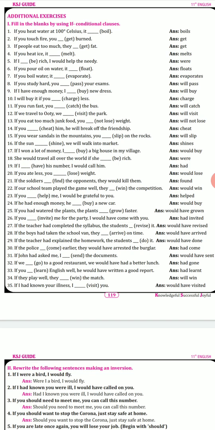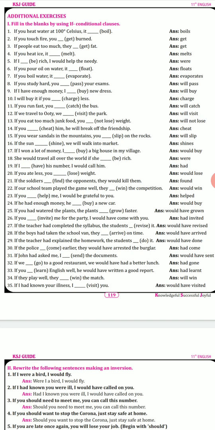Because this sentence is an impossible condition. He did not learn English well. He did not write a good report. So if he had learned English well, he would have written a good report.